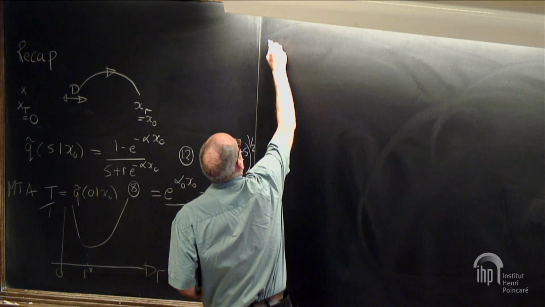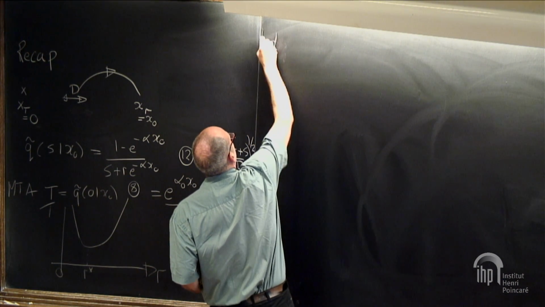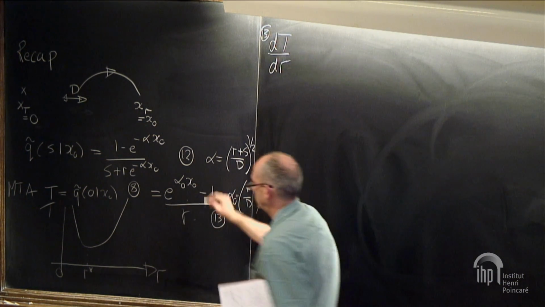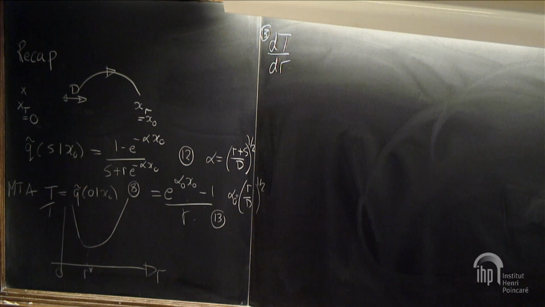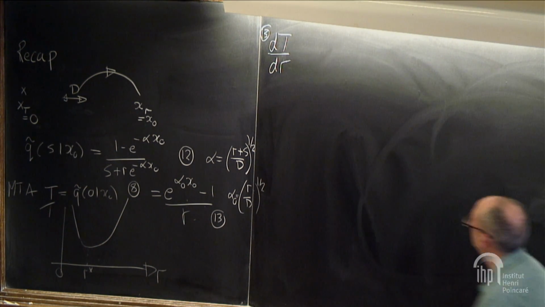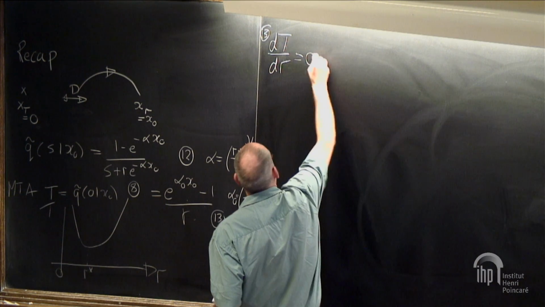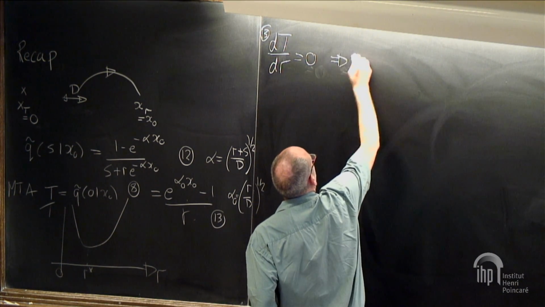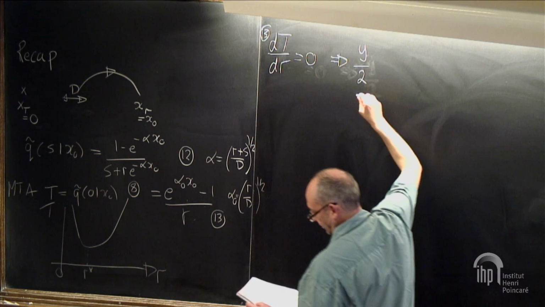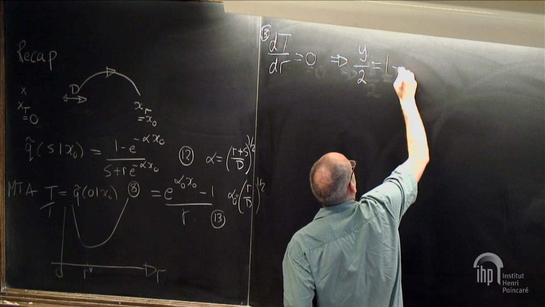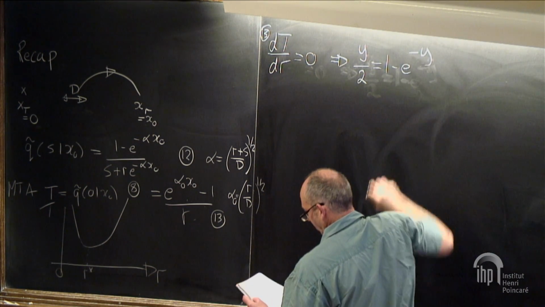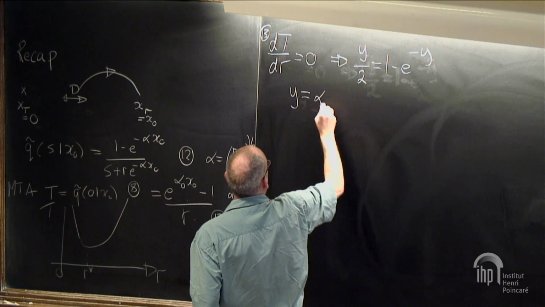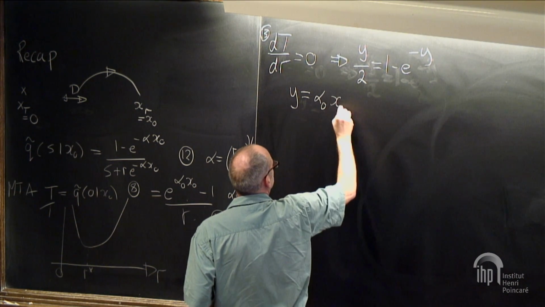So if I use 13 and compute dT by dr, a simple matter of computing the derivative, I won't give the algebraic details, but if I set this equal to 0, then the equation I get actually takes the form of a transcendental equation for a variable y, which is alpha naught x naught.